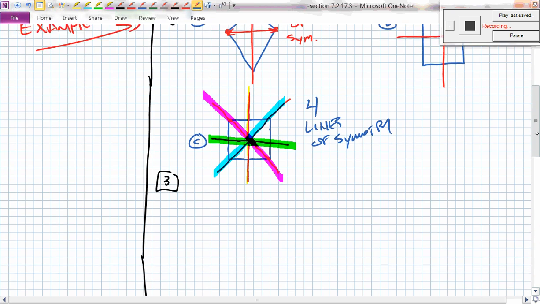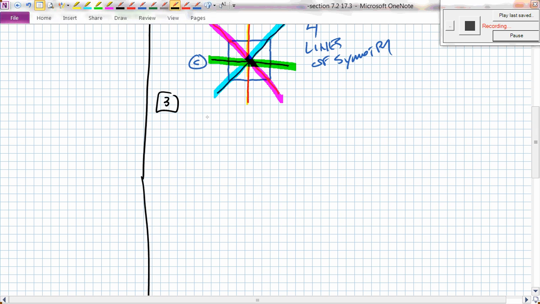All right, let's talk about a rotation. A rotation is also an isometry. So what does isometry mean again? When you rotate something, it stays the same shape, the angles are preserved and the distance is preserved. It's just in a different spot.